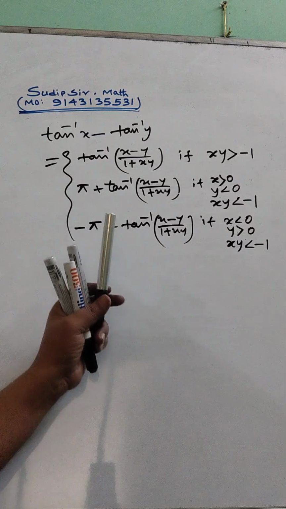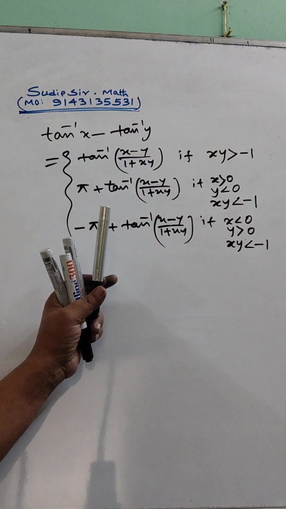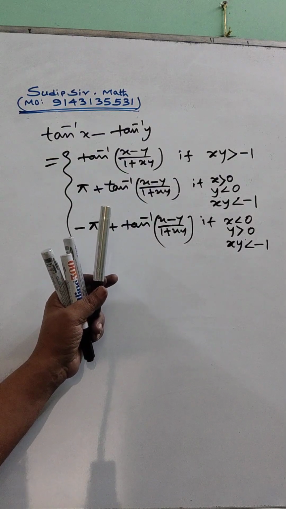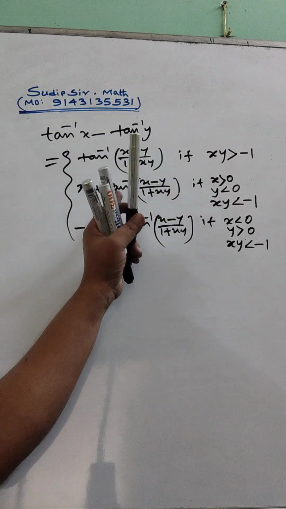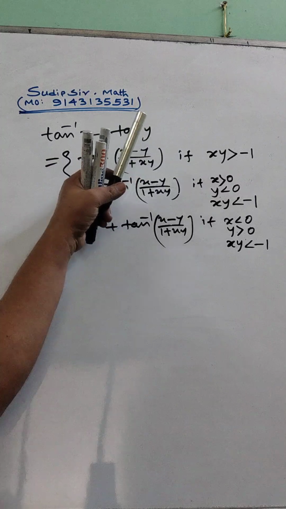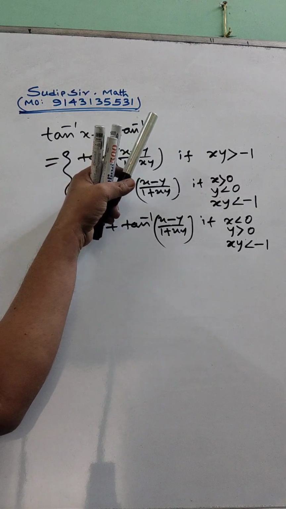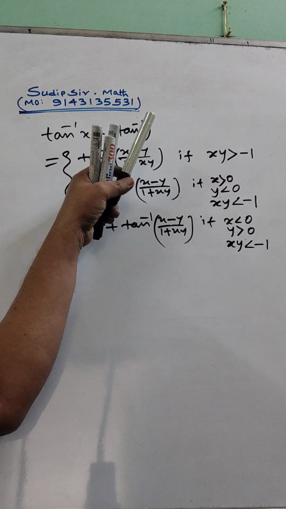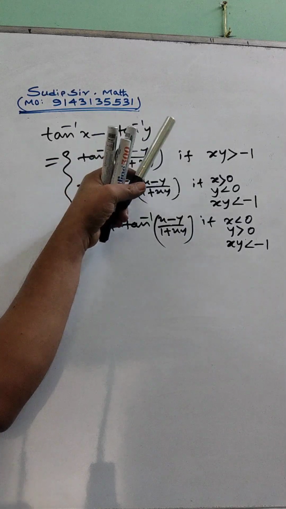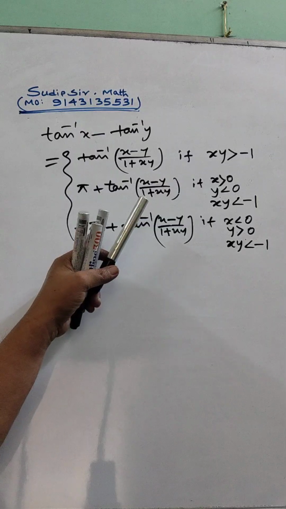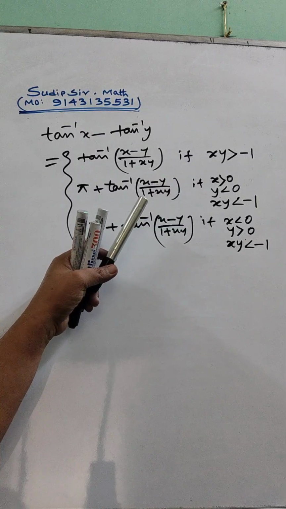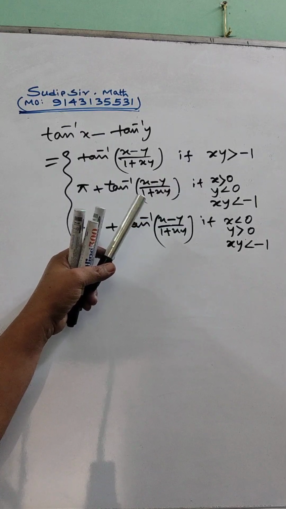Tan inverse x minus tan inverse y equals tan inverse of (x minus y) by (1 plus xy), or pi plus of this or minus pi plus of this. Okay.